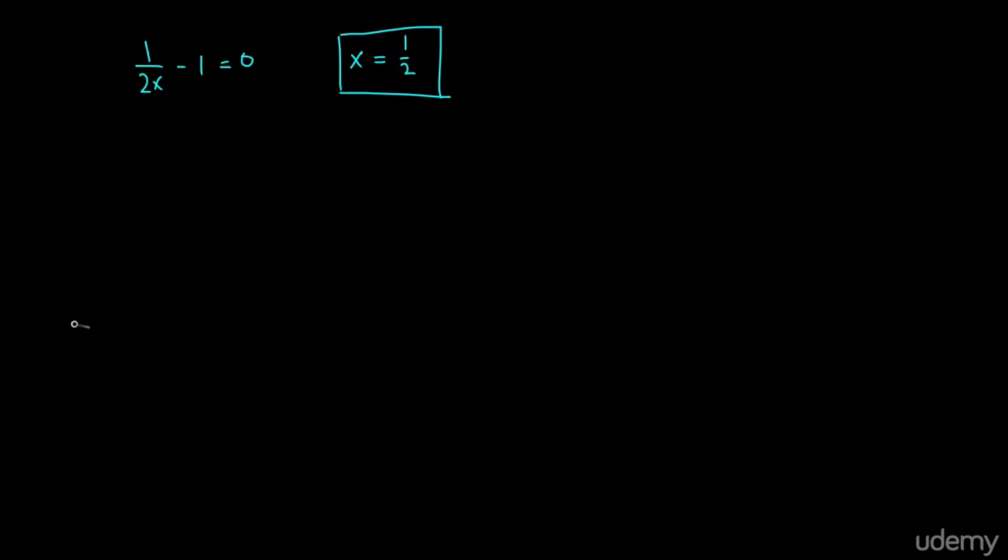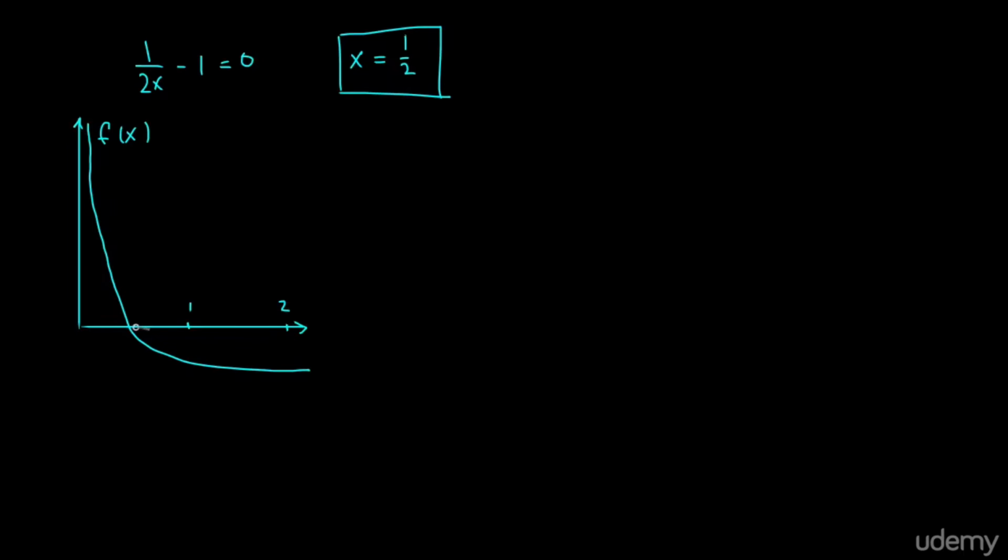So once again, if we do a quick plot of the function, it's going to go something like this, and that's our f of x here. We're going to start with, once again, an initial guess. Let's say this is 0.1 and this is 0.2, we're going to start with 0.2. So we say initial guess is 0.2.